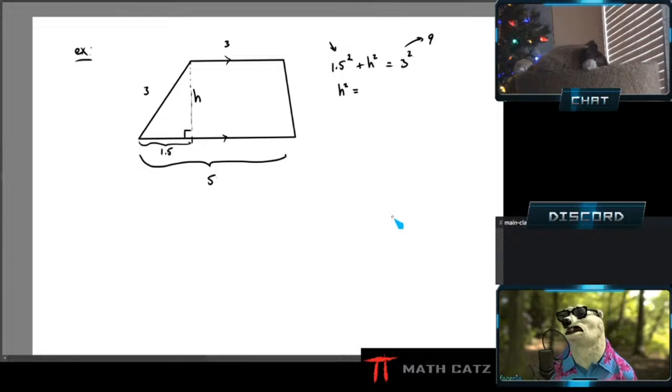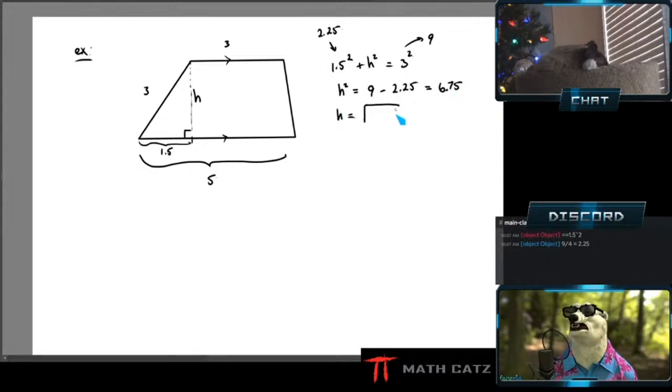5 squared. Should I not know what that is? 225? Let's double check. Yep, 225 with a decimal, of course, 2.25. So I have 9 minus 2.25 there. That should be 6.75.